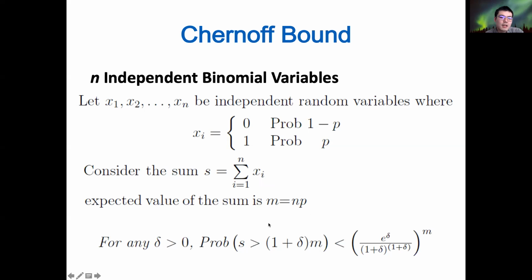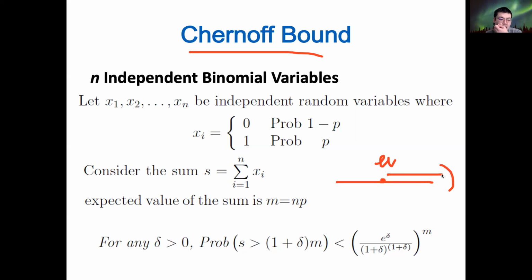Okay, if this is okay, then we will give our Chernoff bound for the binomial variables. Binomial distribution is n Bernoulli trials, basically. So you try n times, each time with success probability P. Here, the Chernoff bound is directional, which means you need to say, this is my random variable value, this is the mu, the mean value. You can say it goes too far beyond your mean, and that's not very likely.